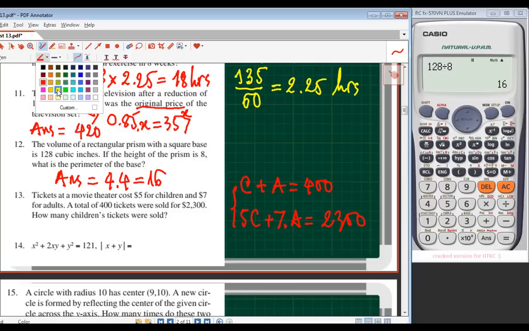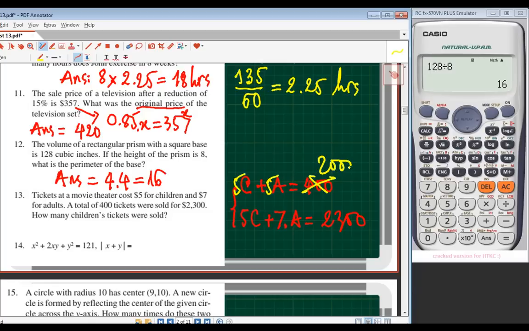We can use the calculator to find the result immediately, but it isn't needed. 5 here, 5 here, and 2,000. I subtract them. We have 2 times A equals 300, or A equals 150.